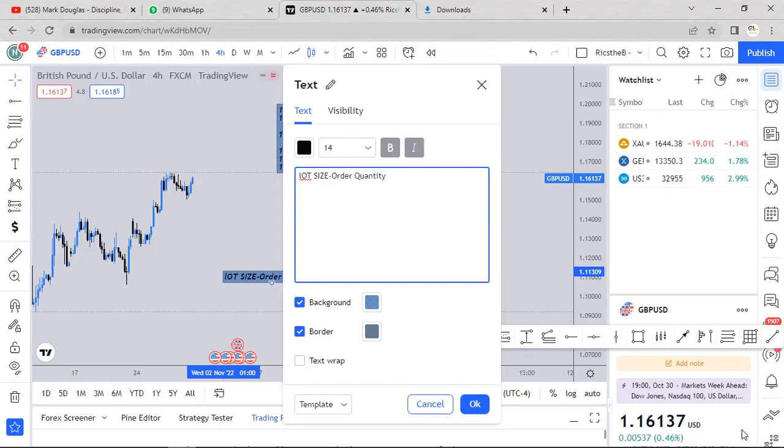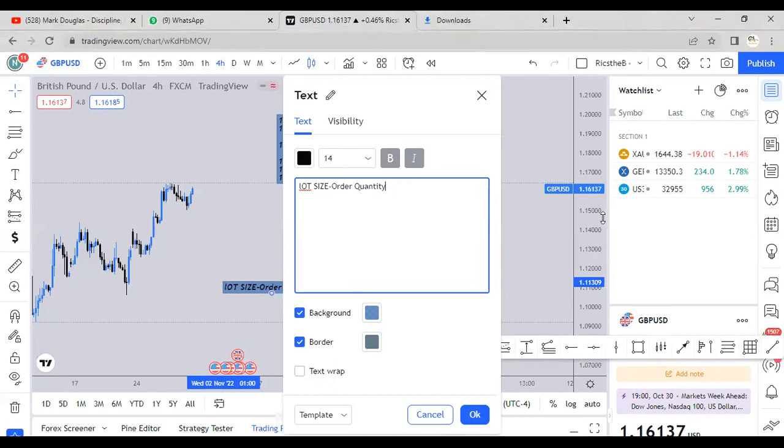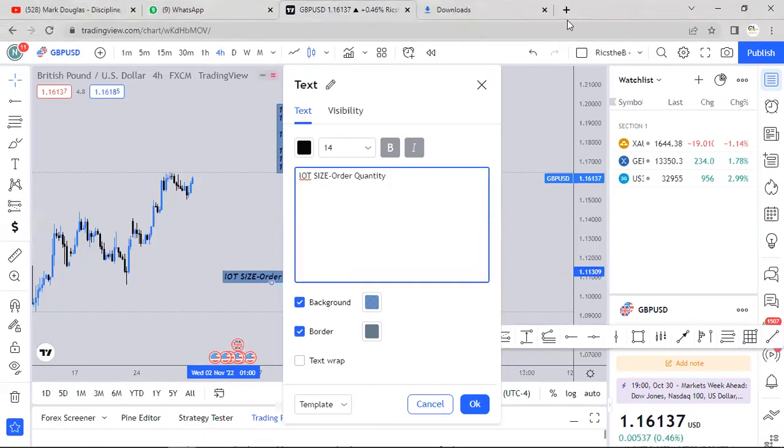I define a lot size as the quantity of the order that you are about to place in the market. And the lot size will always vary based on the size of your account, because you can only place a size of an order based on your account size.